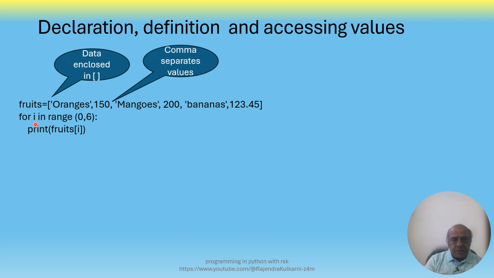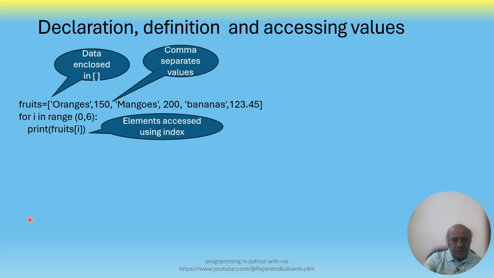So i represents 0 to 5 because there are 6 values in this list fruits. Elements of the list are being accessed using index.